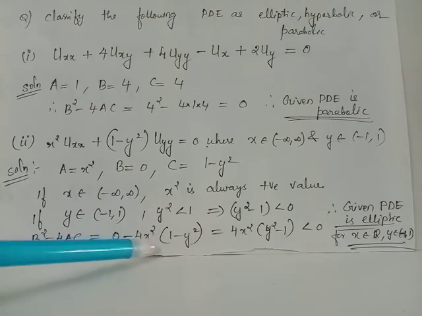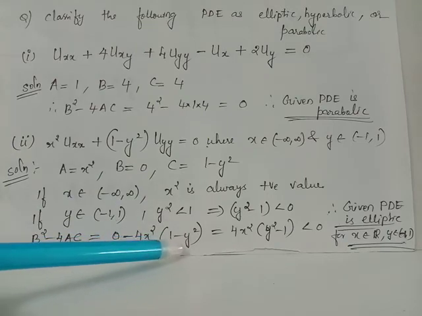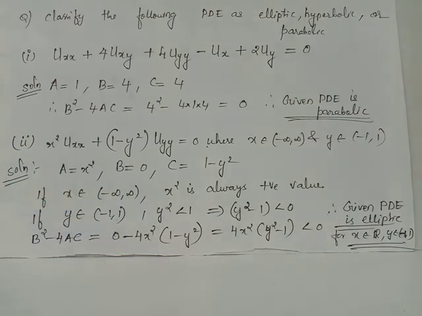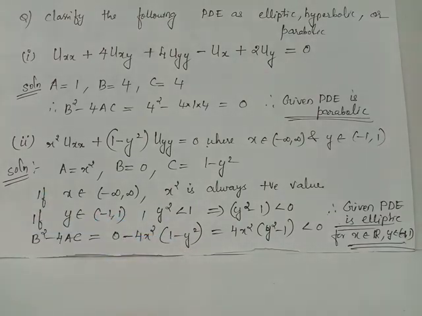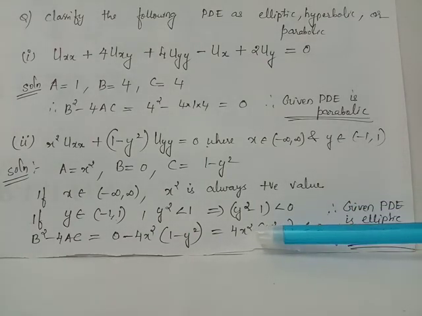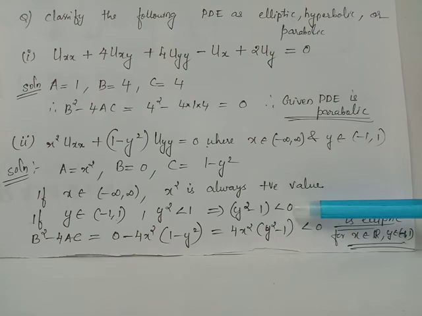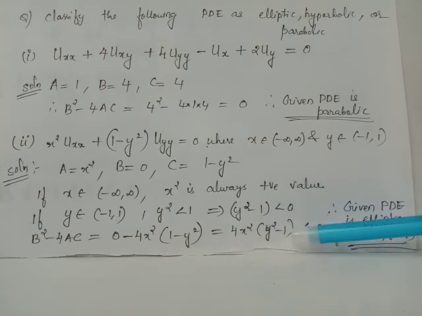We have evaluated that x square is always positive and 1 minus y square is always strictly less than 0, from which we conclude that when this negative sign is multiplied to 1 minus y square, it becomes y square minus 1. So we get b square minus 4ac equals 4 times x square multiplied by y square minus 1. Since 4 and x square are greater than 0 and y square minus 1 is less than 0, this complete product will be strictly less than 0.